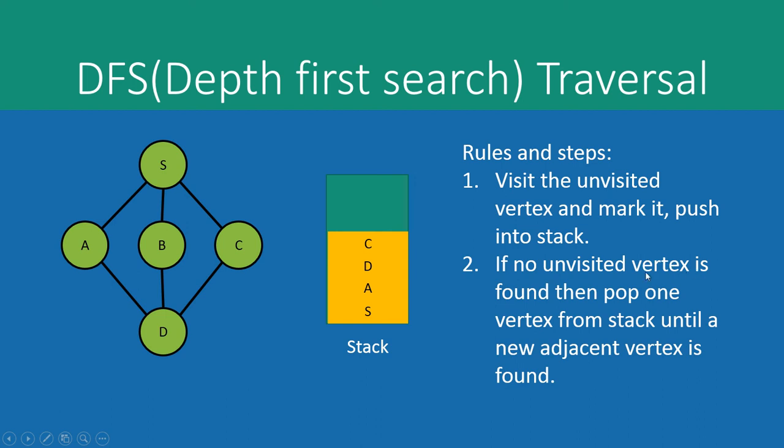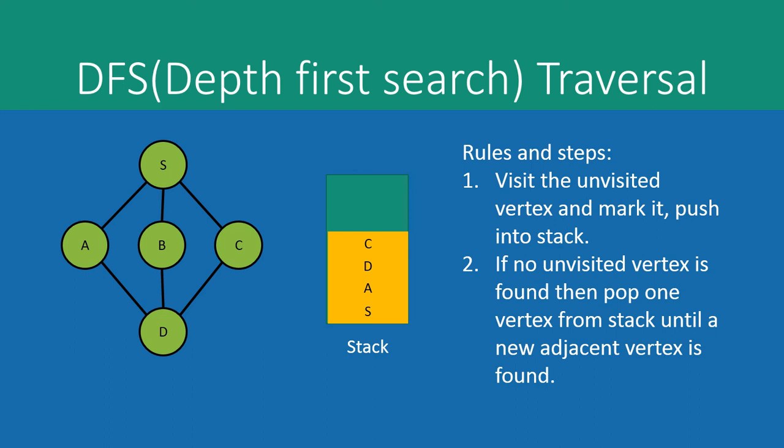That's the second rule: if no unvisited vertex is found, then pop one vertex from the stack until a new adjacent vertex is found. Now, since you want to know exactly how you traversed the graph, like from S to A, then A to D, then D to B, and then B to C, how do we do that?